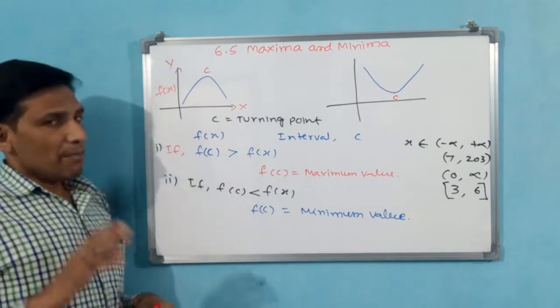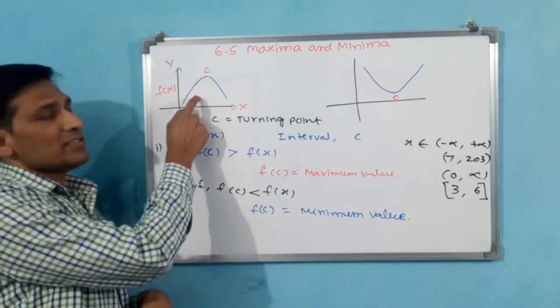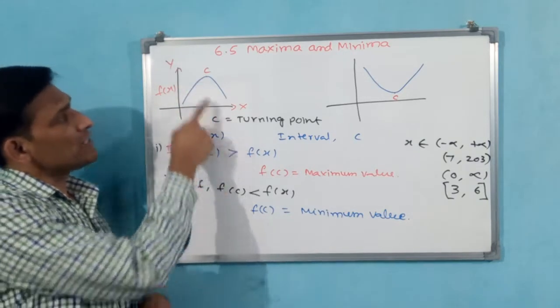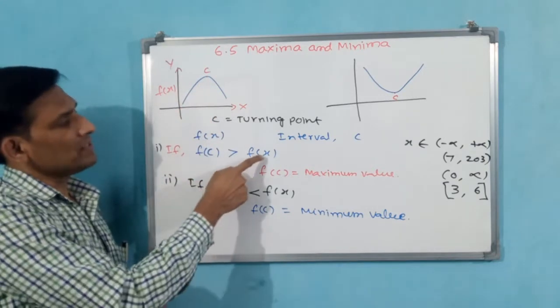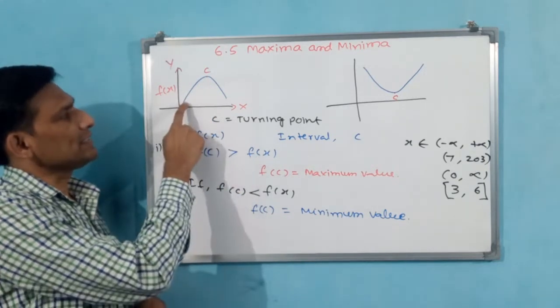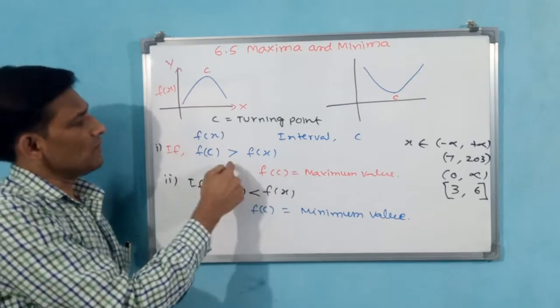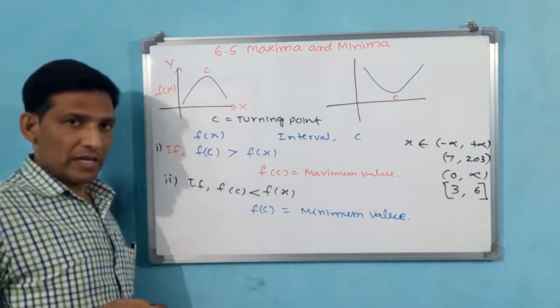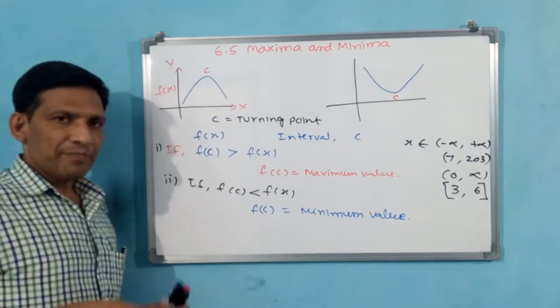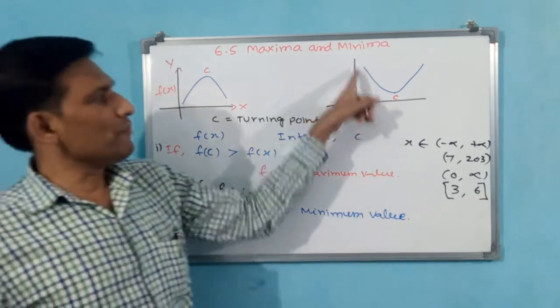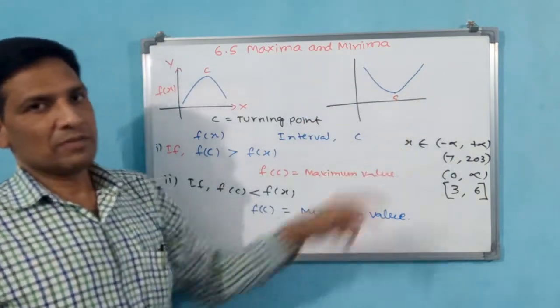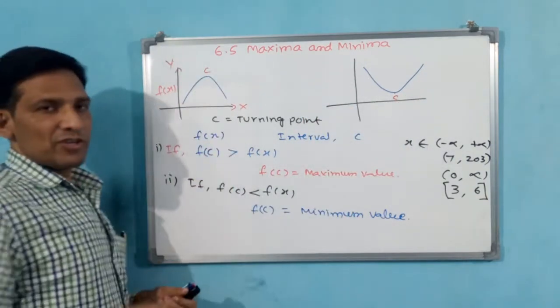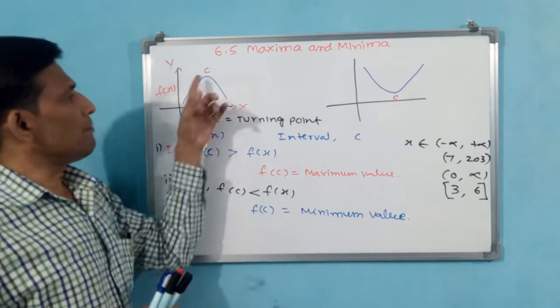But now you tell me, this is C, f of C is the maximum value here. Why? Because for normal x, always less only, f of C will be maximum. Straight away, if the curve is in V shape, minimum value. If the curve is in inverted V shape, maximum value.